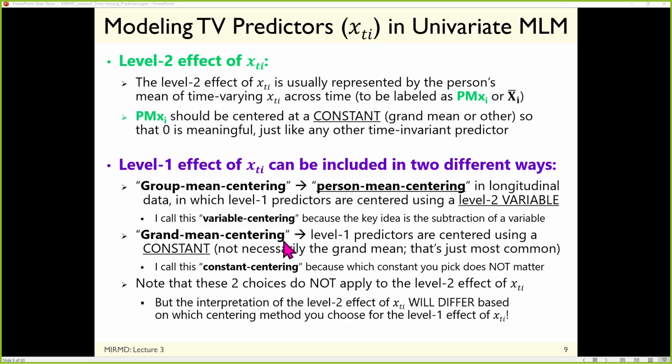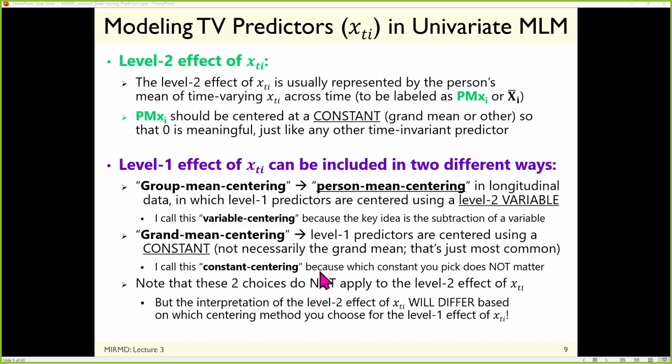The other option is often called grand mean centering or constant centering or something along those lines, because you're subtracting a constant. And I call it constant centering because the grand mean is one choice. You could also leave it uncentered, which is the same thing as saying, I'm going to center it at 0. It ultimately doesn't matter.